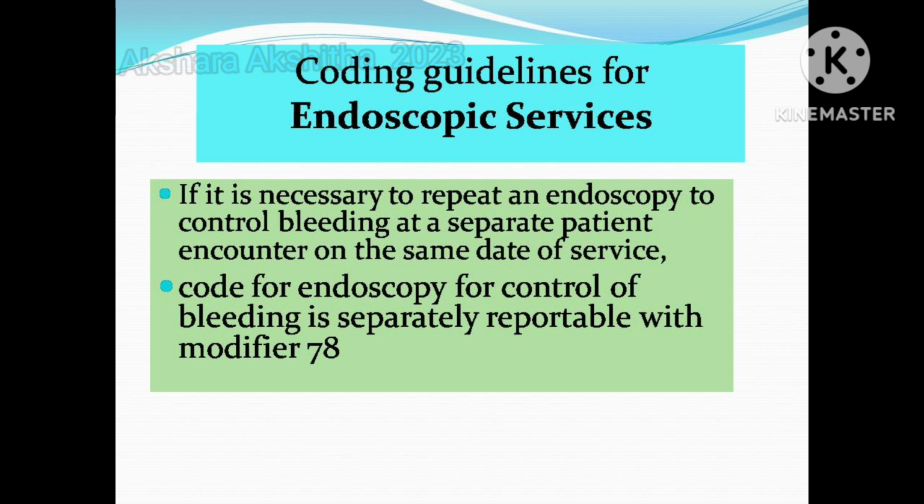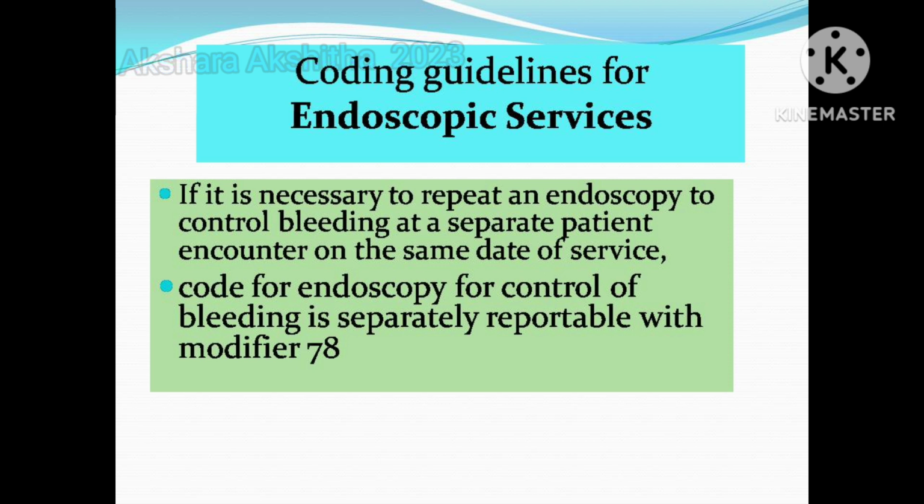You know, right? 78 modifier is the global period modifier, meaning complications during the postoperative period. So we have to append this modifier to the control of bleeding CPT code if it is during the postoperative period.